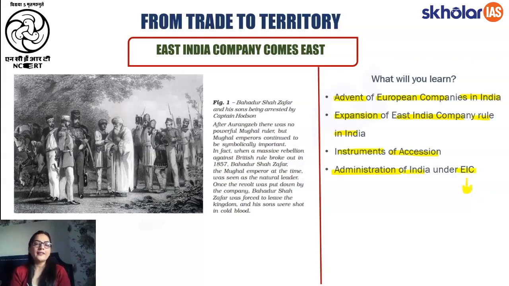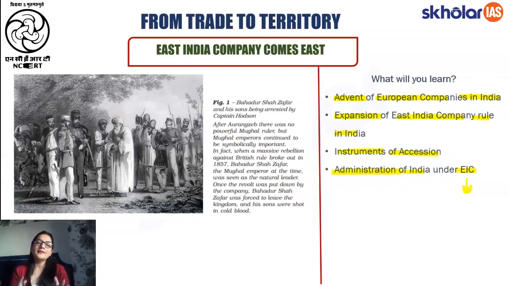Now students, as we all know, the last big or last famous Mughal emperor was Aurangzeb, and after his death, the Mughal Empire started to crumble. There were no important or powerful rulers after Aurangzeb who could keep the Mughal Empire intact. And it was at this point of time that different regional powers within our country started to emerge.